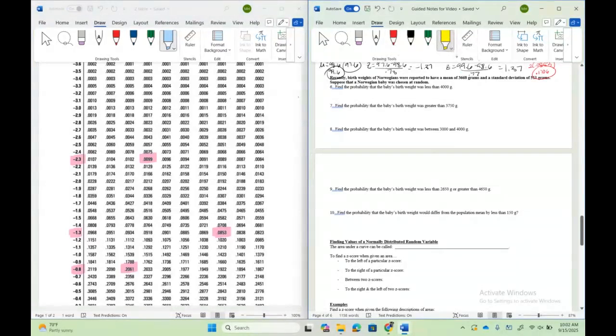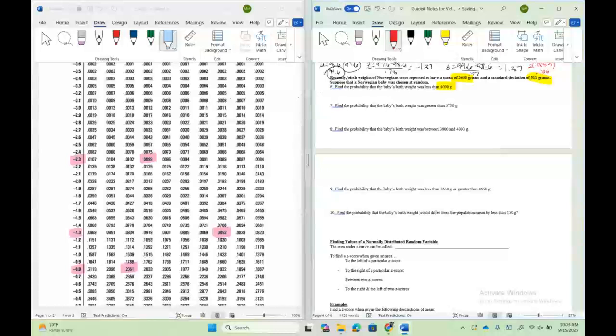All right, we have a mean of 3,668 grams, a standard deviation of 511. All right, and here we go. Find the probability that the baby's weight was less than 4,000 grams. So we find a z-score. Here's an x value, mean, standard deviation.